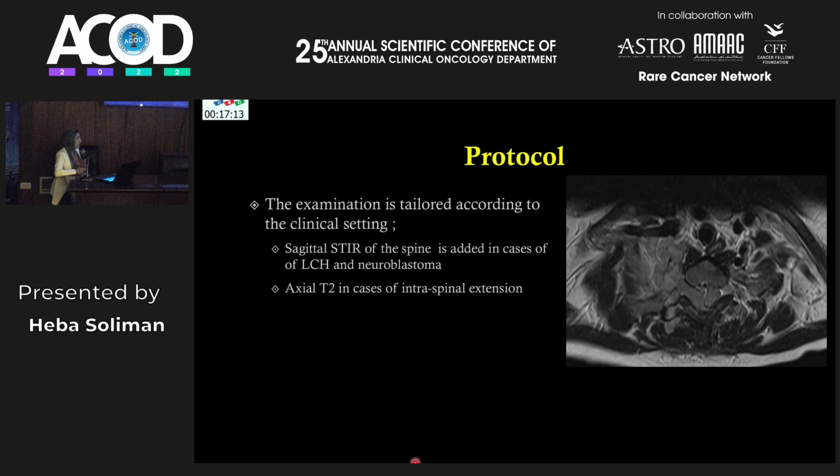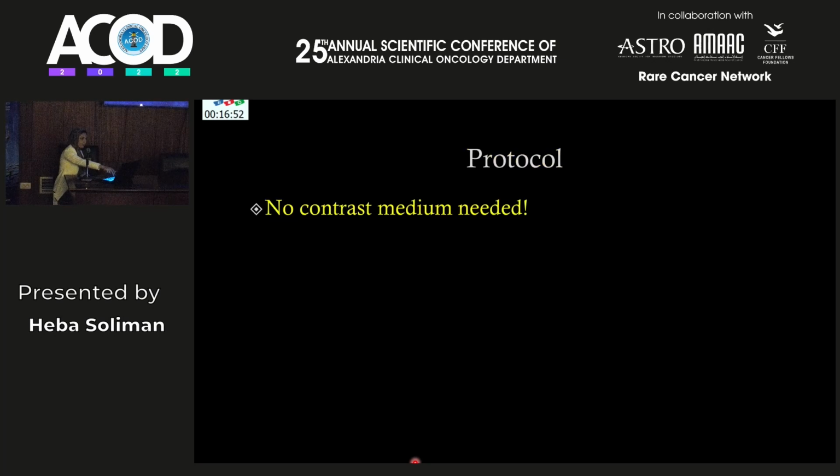As in any MRI examination, it is tailored according to the clinical setting and the indication. Sometimes we add some sequences like axial T2 in the assessment of intraspinal extension. We add sagittal STIR in cases of neuroblastoma or Langerhans histiocytosis. So it is a tailored examination.